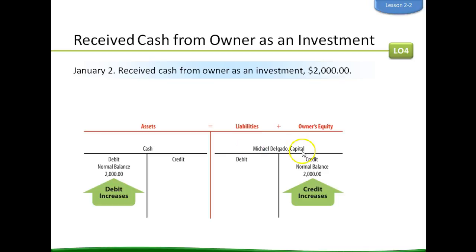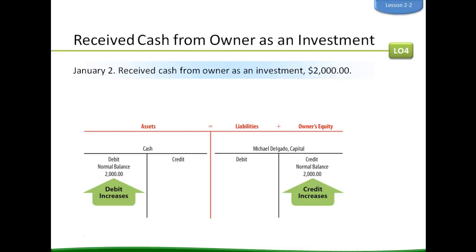This would be Michael Delgado Capital. That's the other account. So the cash account, remember, we classify as an asset. So a debit is going to increase and a credit is going to decrease on the asset side. So as we think about the cash, it is going to be increasing by $2,000, that's a debit. Okay, so we're going to be increasing or debiting cash.